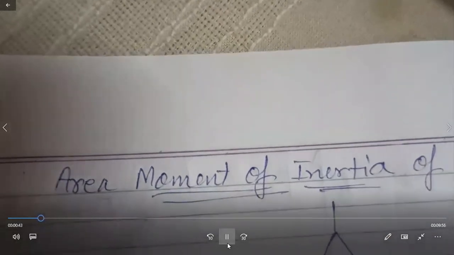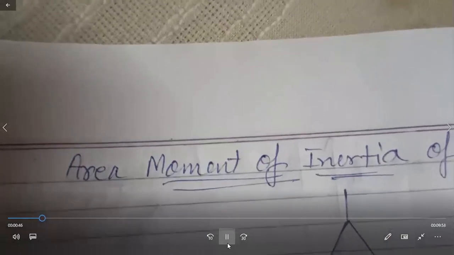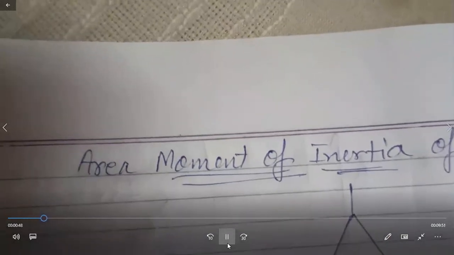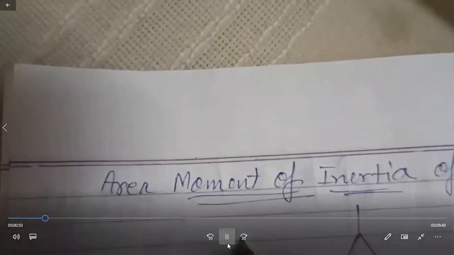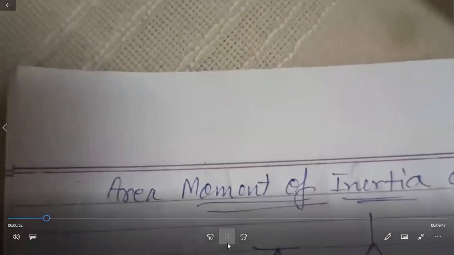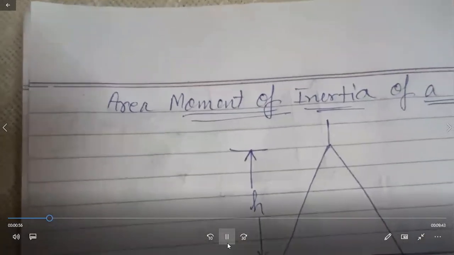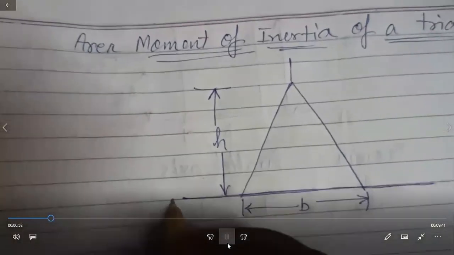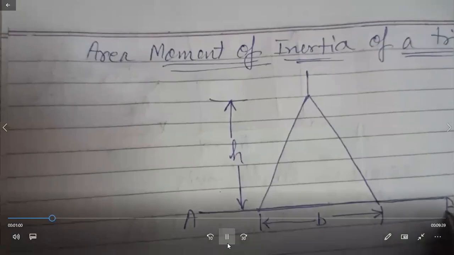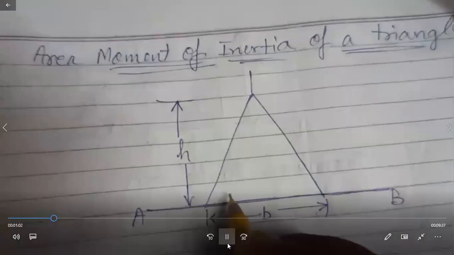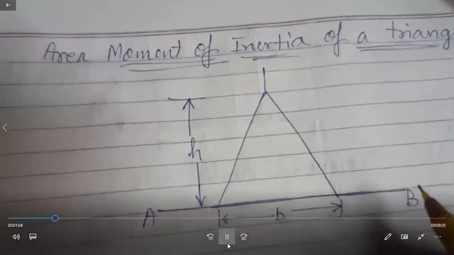Now this is base B and height of this triangle is H. Now this is line AB passing through the base of the triangle.